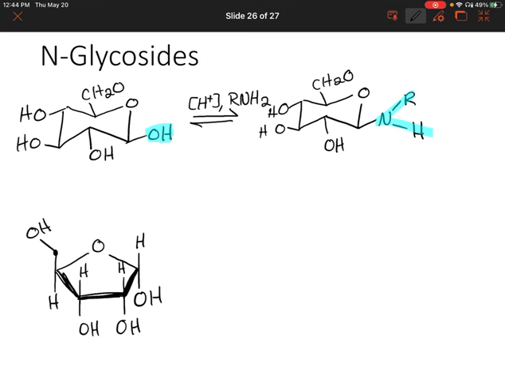Okay, so this is called D-ribose, and we can also react this with acid and some sort of nitrogen-containing compound. Let me just write here NH2R. And that's going to create something called a ribonucleoside.